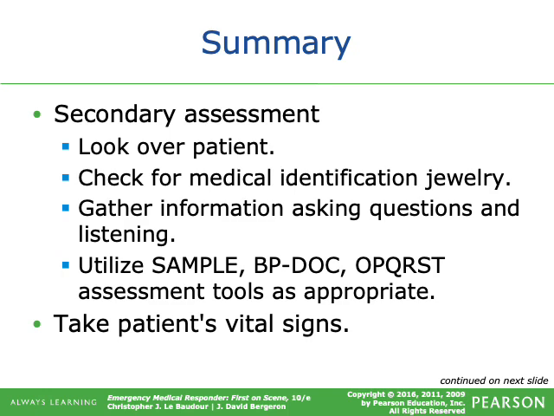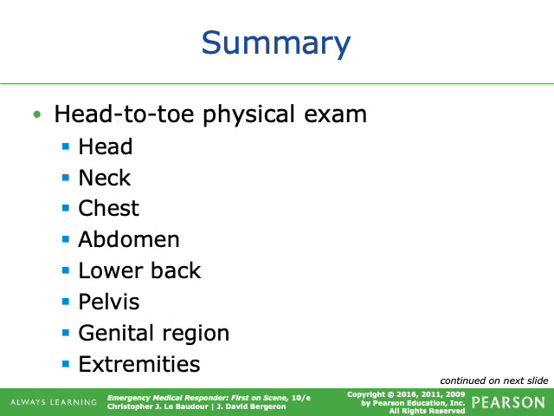Our secondary assessment. You're going to look over your patient, check for medical identification jewelry, gather information, asking questions and listening. Utilize the SAMPLE, BP, DOC, OPQRST assessment tools as available. Again, these are some things that you may want to make some flashcards for. You're going to take the patient's vital signs.